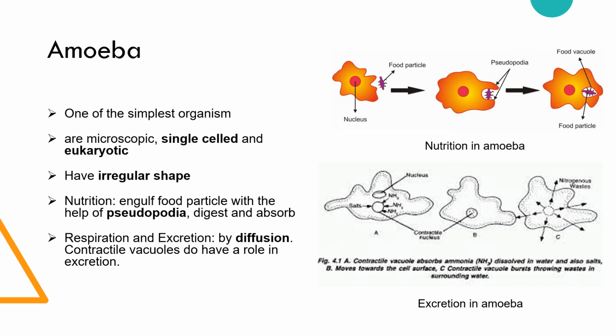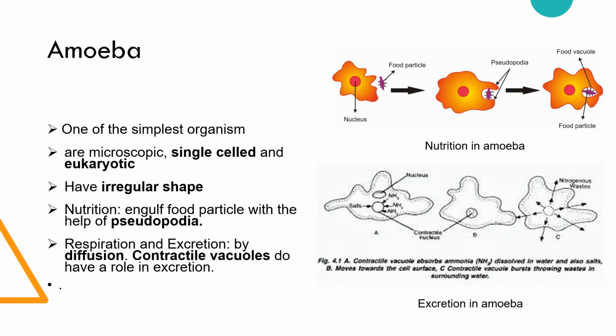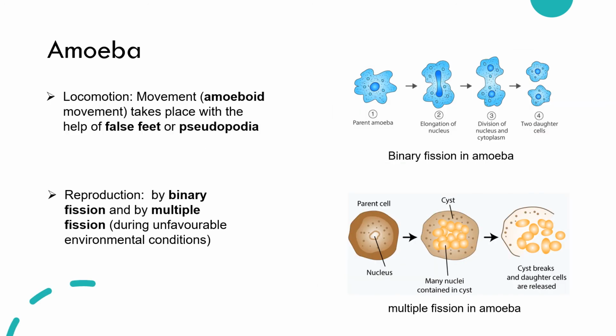The steps are shown in the diagram below. Respiration, that is exchange of gases, also occurs by the process of diffusion. Locomotion. Locomotion takes place by pseudopodia. The movement is called amoeboid movement.